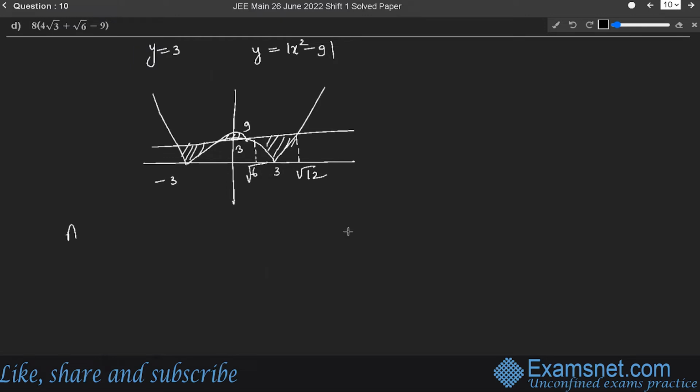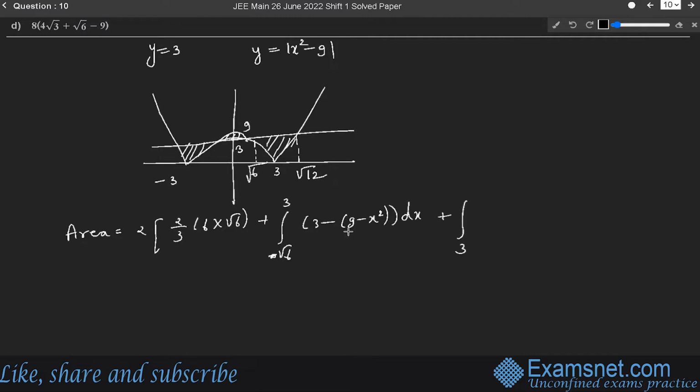So, area will be equal to 2 into [2 by 3 into 6 into root 6 plus integral of root 6 to 3 of (3 minus (9 minus x square)) dx plus integral of 3 to root 12 of (3 minus (x square minus 9)) dx].